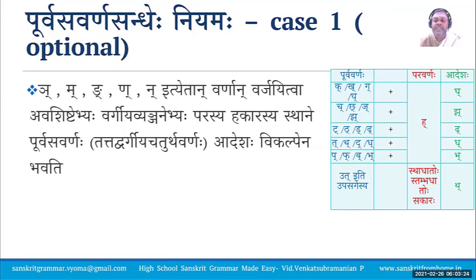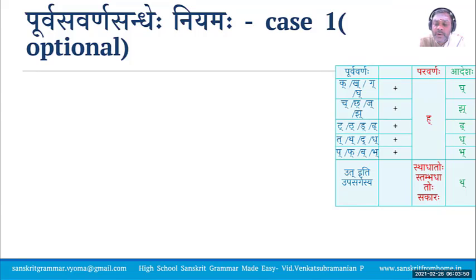So let us analyze the Sanskrit rule. Nyamangananam na ityetan varnan varjayitva avashishtebhyaha vargiya vyanjanebhyaha parasya hakarasya sthane purvasavarnaha tattat vargiya chaturtha varnaha adeshaha vikalpena bhavati. So the case 1 rule is optional.